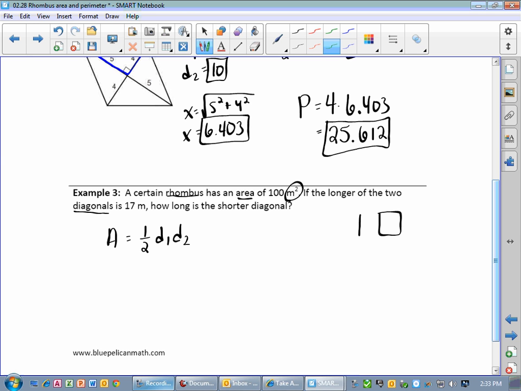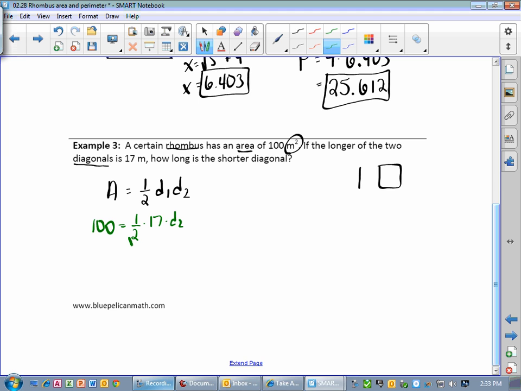So do we know what A is? Yes, A is 100. A half is a number, so that stays put. Do we know what D1 is? Yes, D1 could be 17. Do we know D2? That's what we're looking for. So we know everything except for D2, which means we can solve this equation.